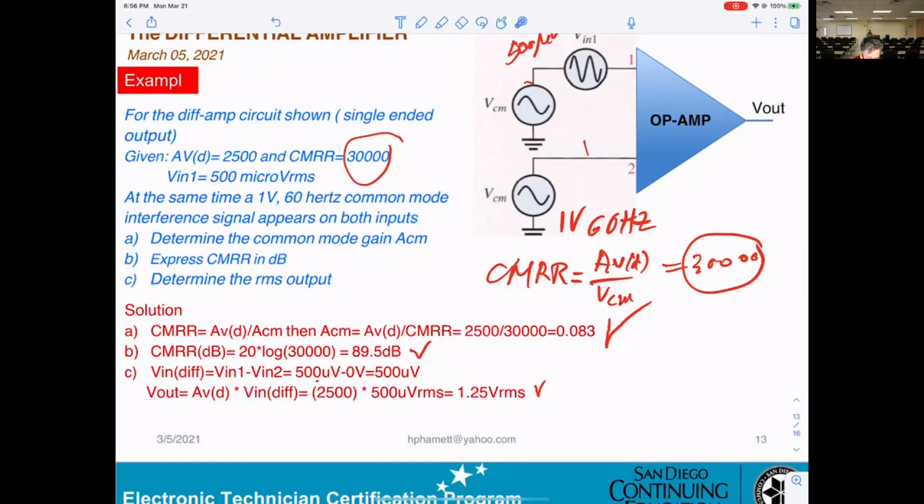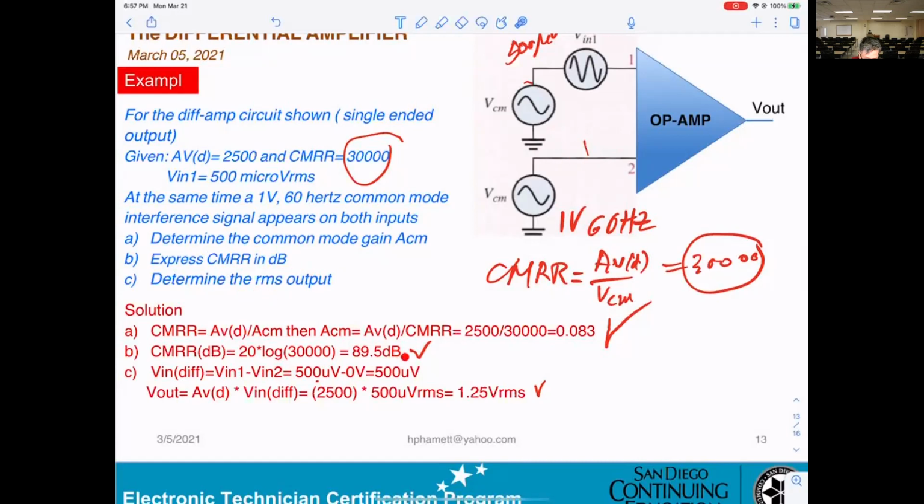And they want to know the RMS output. Okay, V differential equals V1 minus V2. Okay, V1 is 500 microvolt. V2, nothing, 0.